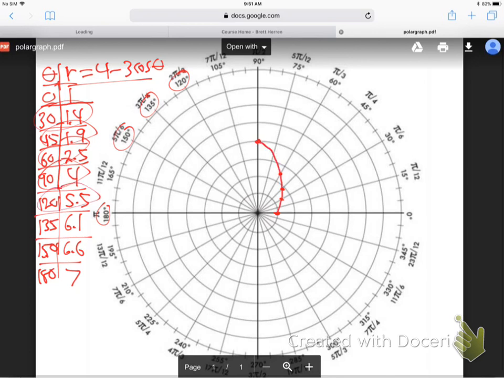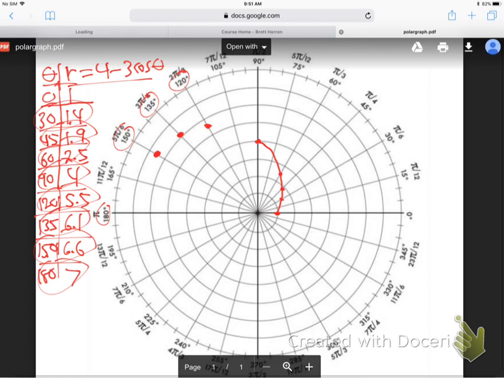Aim 120, shoot 5.5. So 120, 1, 2, 3, 4, 5.5 right there. 135, 6.1. So 1, 2, 3, 4, 5, 6.1, just barely past the 6 mark, like right there. And 150, 6.6, about right there, a little past halfway.